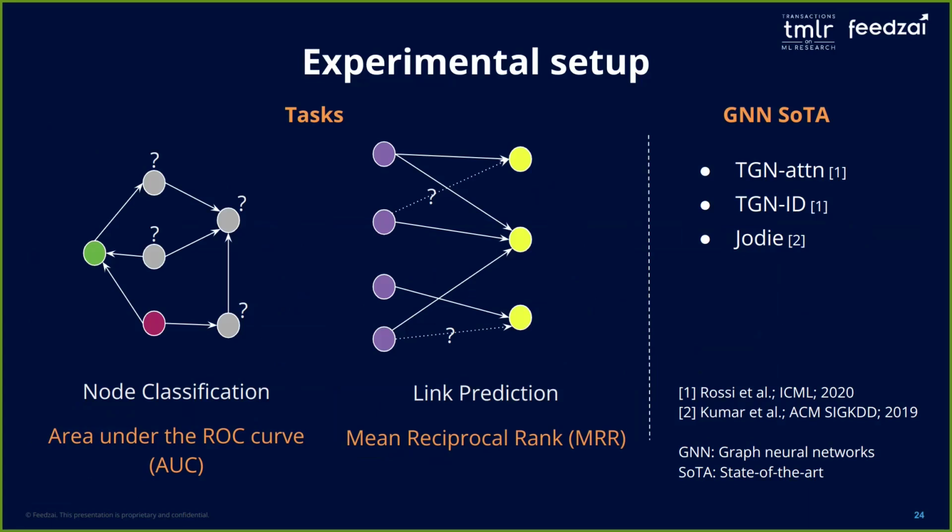As per the tasks, we use the node classification task and the area under the ROC curve to measure and compare performance. Moreover, we use the link prediction task, and to evaluate it, we use the mean reciprocal rank. We compare our performance to state-of-the-art graph neural network methods, namely TGN attention, TGN ID, and JODIE.